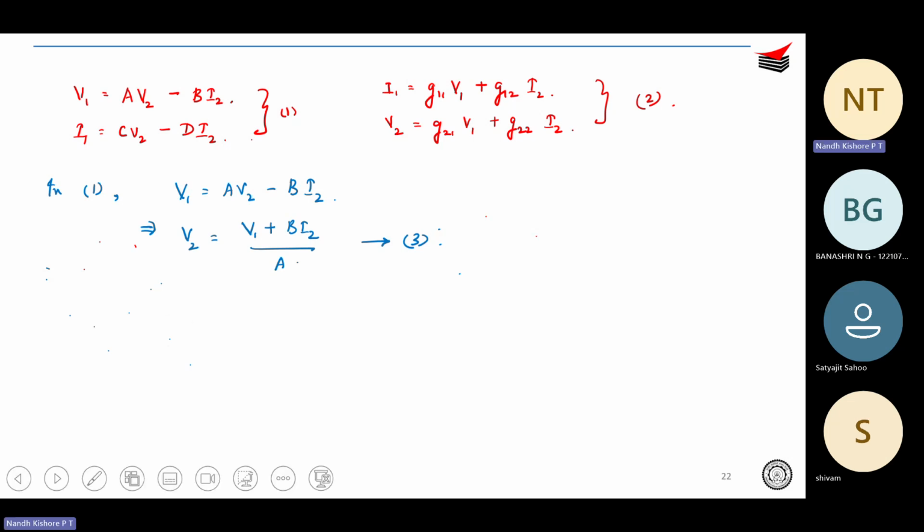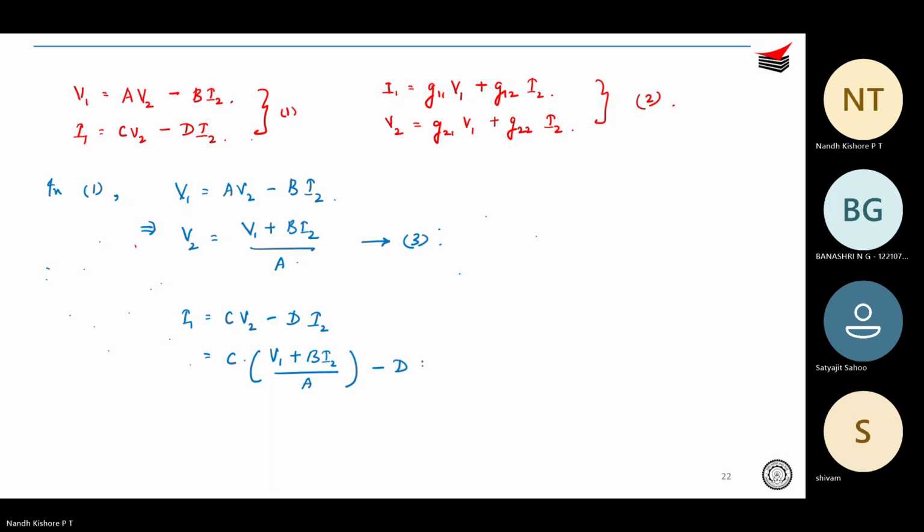This I will put in the I1 expression. I1 is equal to what? CV2 minus DI2. All right. So C into V2 is V1 plus BI2 by A, minus DI2.